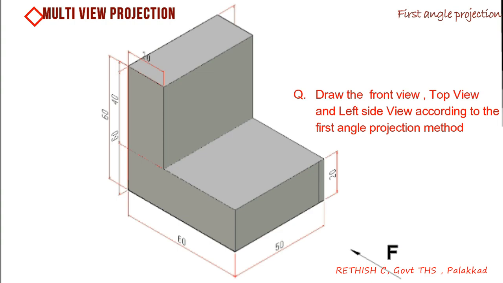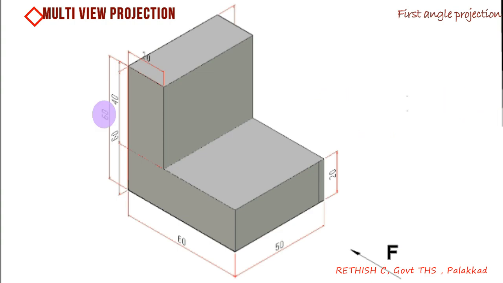Here we have dimensions as 60 mm height, 60 breadth and 50 mm width. There is a thickness of 20 mm also. First we are going to draw the front view. In front view we could see only these surfaces.